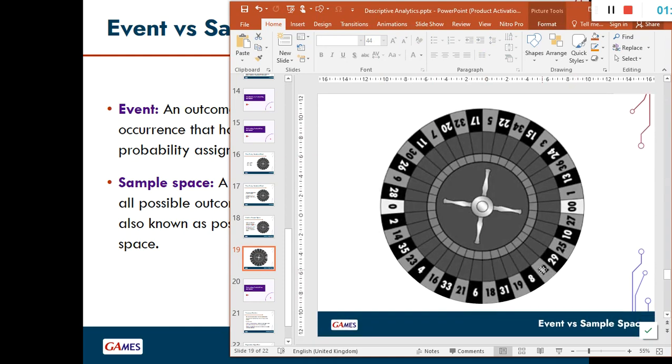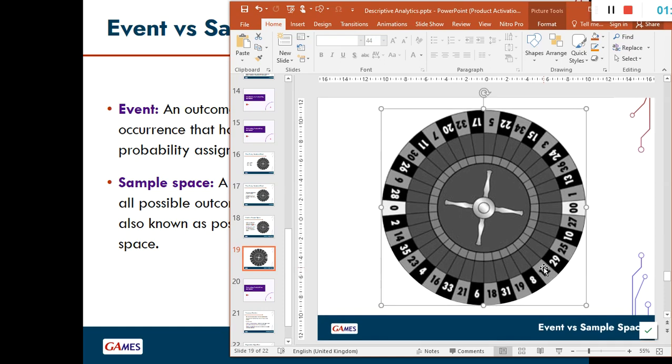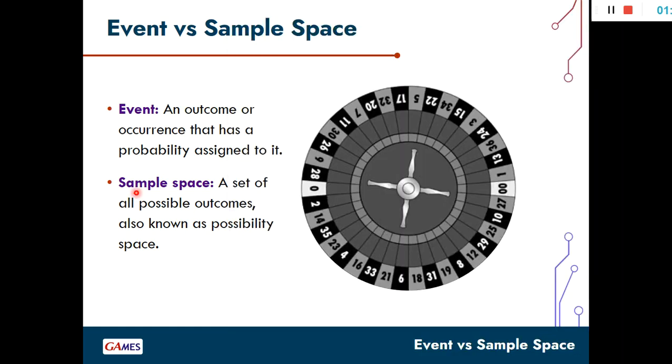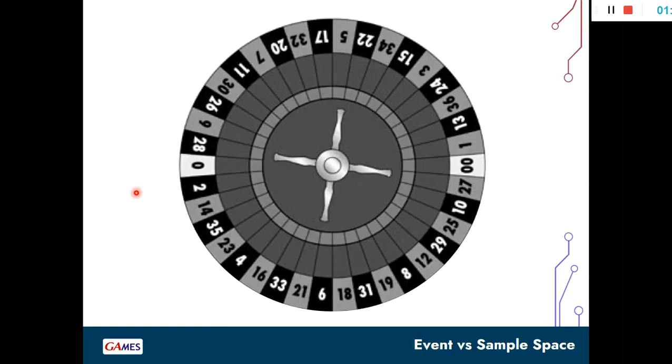So if we come here, we have this. I heard one, so I guess we can all agree that there's just one pocket for the number 8. True or false? True.